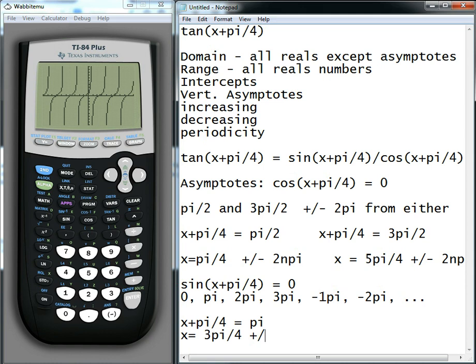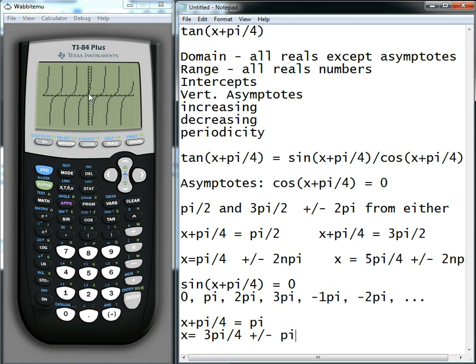And we can plus and minus pi from that. So we could get 7 pi over 4, 11 pi over 4, 15 pi over 4, and we can go the opposite way too. Negative pi over 4, negative 5 pi over 4, all that good stuff. So there's an infinite amount of x-intercepts.